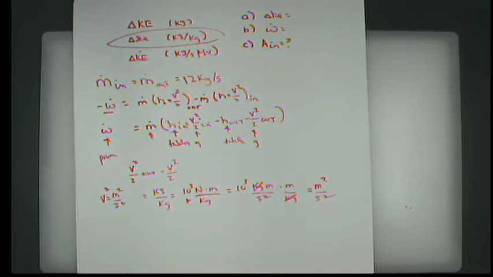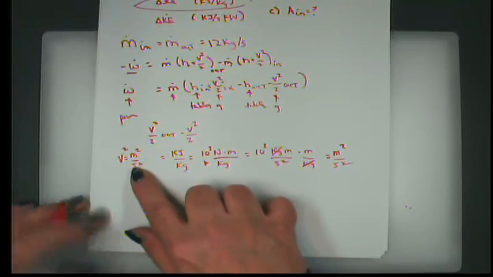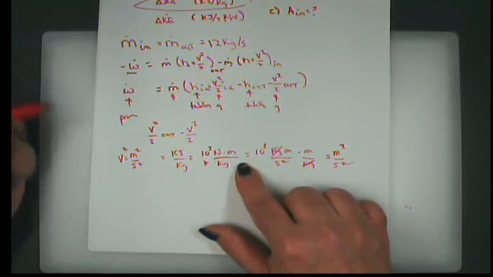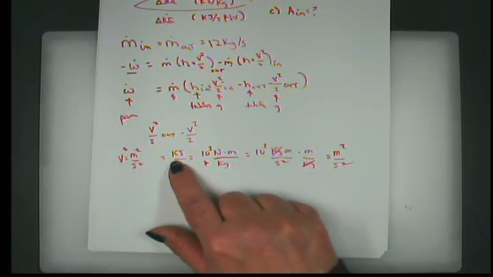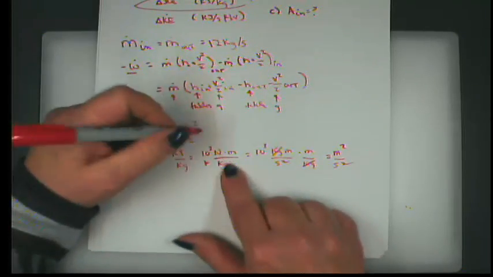Yep? We have to multiply it by 10 to the third? It looks like it, doesn't it? Yeah, it looks like we have a factor of 10 to the third. That goes from the kilojoule. Exactly. That's exactly right. So what we're really going to get is a joule per kilogram. Let me think about that for a minute, because this will be a huge number. Is this a kilojoule per kilogram?